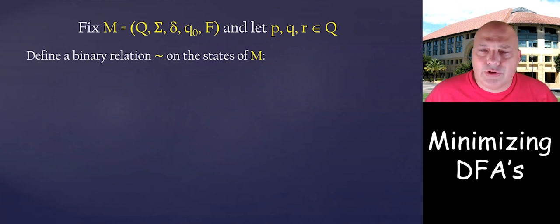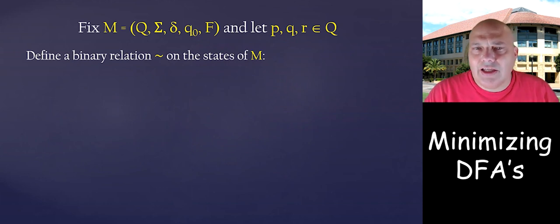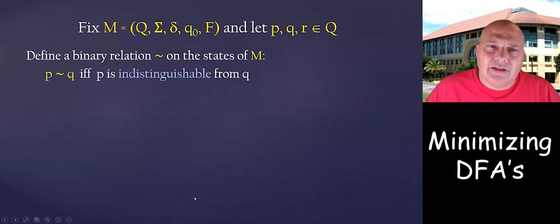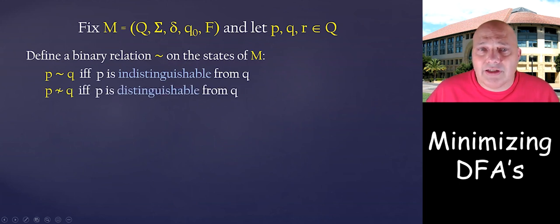So we have this notion of indistinguishability, and this notion allows us to define a binary relation. Let's call it tilde, such that P is related to Q if and only if P is indistinguishable from Q. And this binary relation will have some good properties.